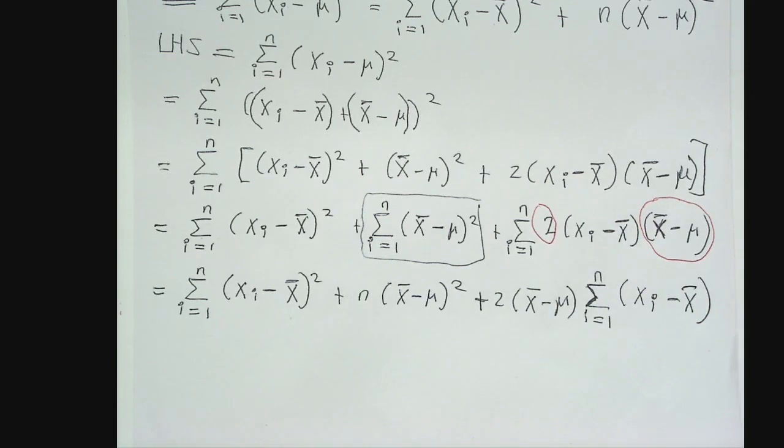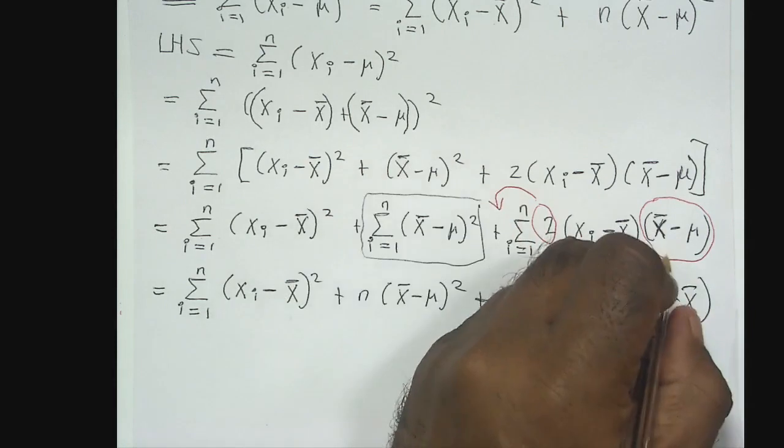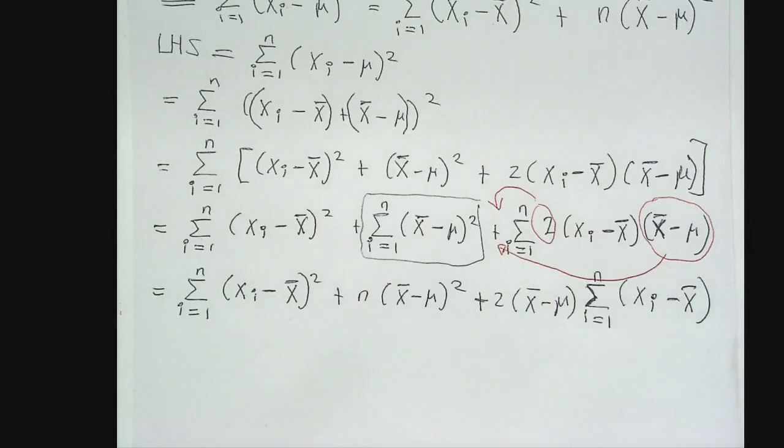You see what I've done? I have pulled out the constant. 2 is a constant, so is this one. So you can pull them outside the summation sign to give you this, guys. Right? Yes?